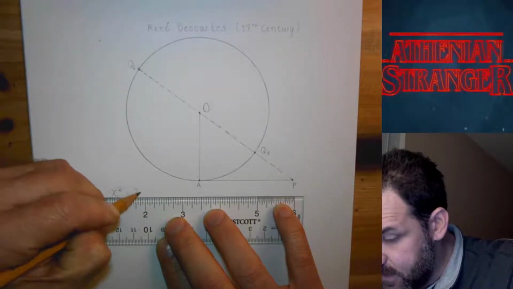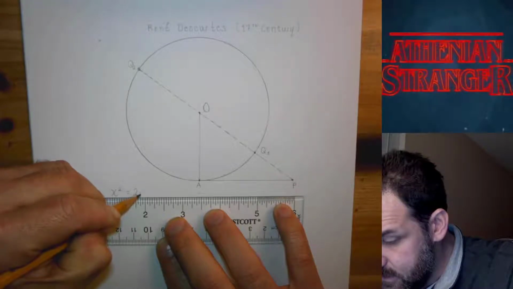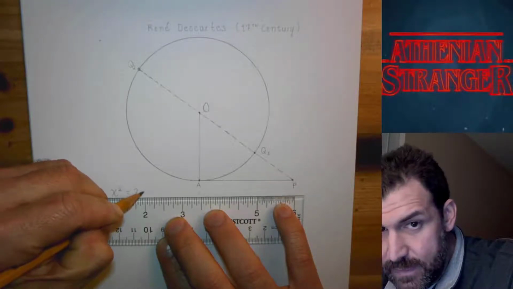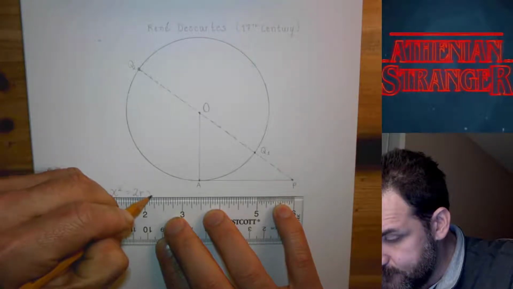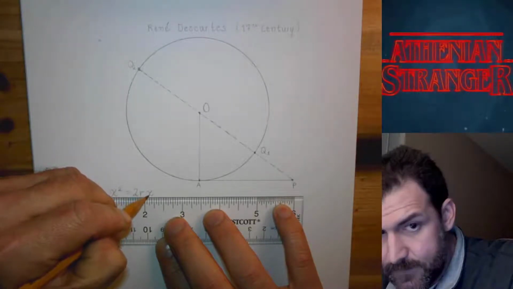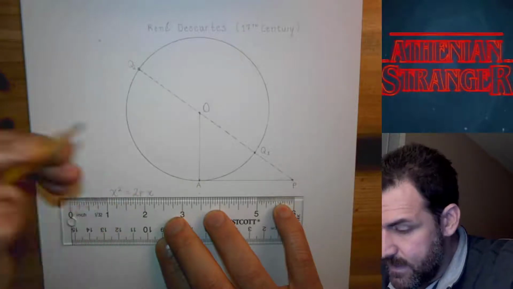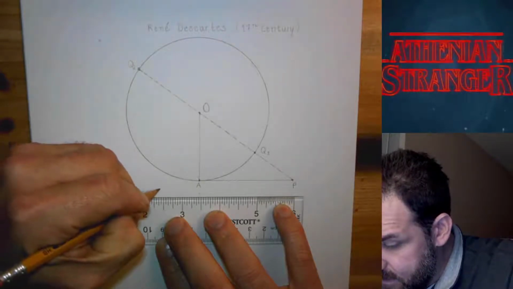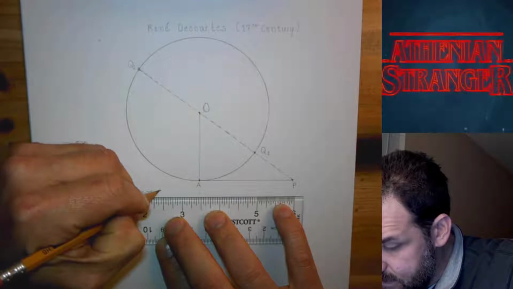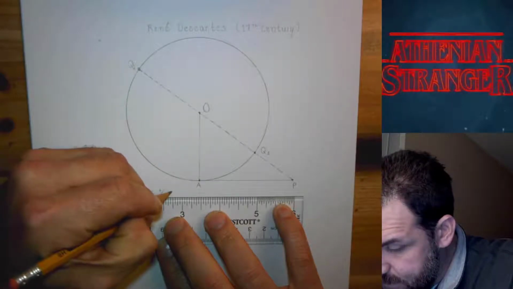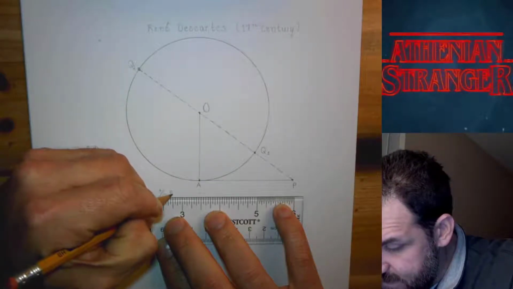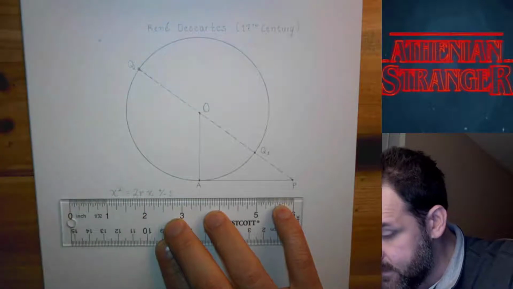So the radius is r. 2 times the radius, x, and then plus or minus s, where s is some perfect square.